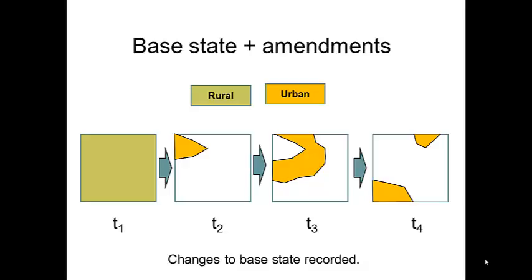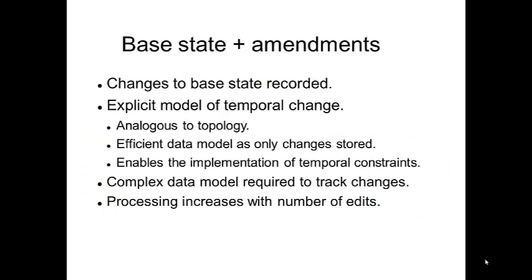So if we want to know the state of the environment at T3, we start at T1, we add the change at T2, we add the change at T3, and that's our state at T3.